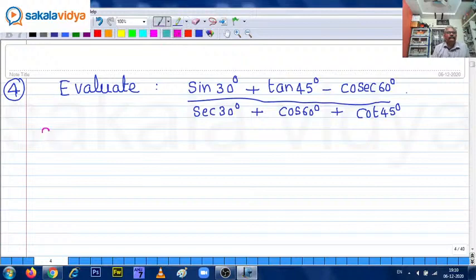Okay, solution. So first, sine 30 degrees. Sine 30 equals 1 upon 2, which is equal to cos 60.